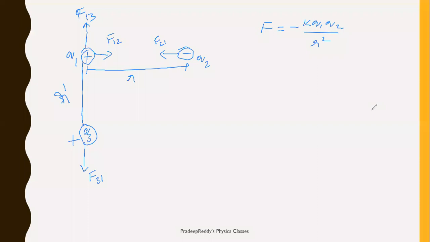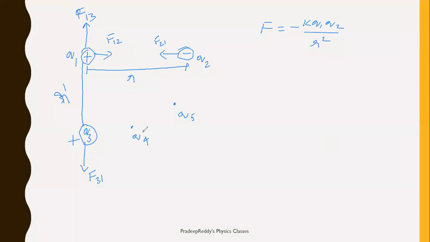So what I mean to tell in this particular example is, this Q1 charge is the reference charge which I am taking initially. Q2, Q3, like that you can take any number of charges. I will be taking one more charge here, say Q4. One more charge here, Q5.